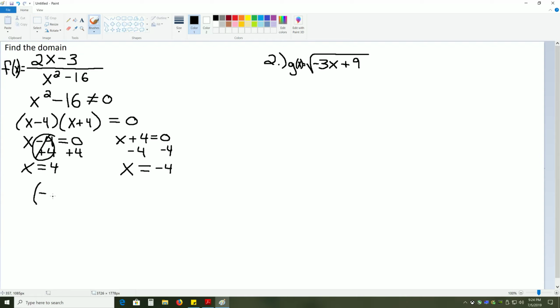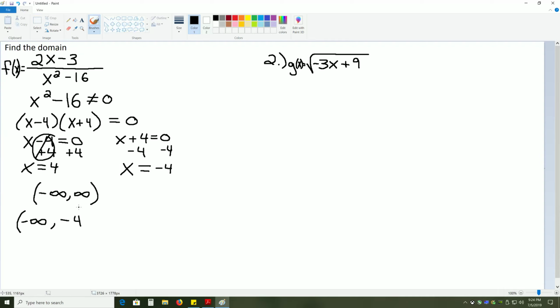Meaning if we take all real numbers, negative infinity all the way to positive infinity, and remove these two choices, then we would start at negative infinity and go all the way until the first one comes up, which is negative 4.